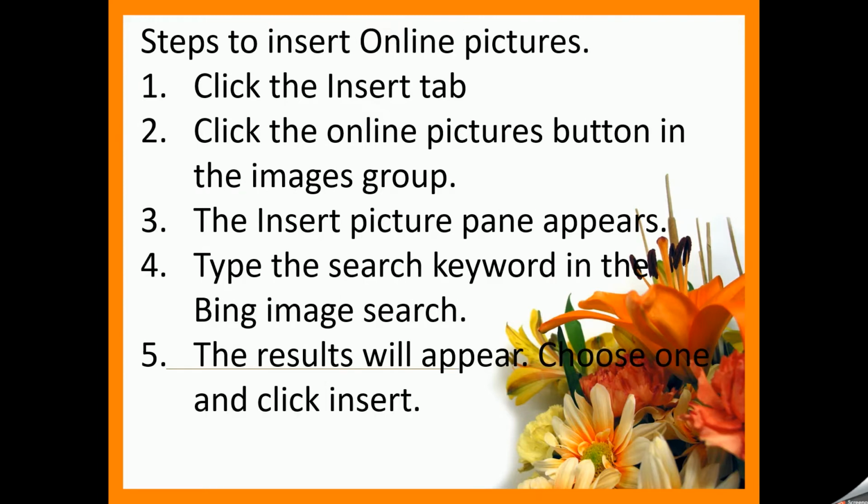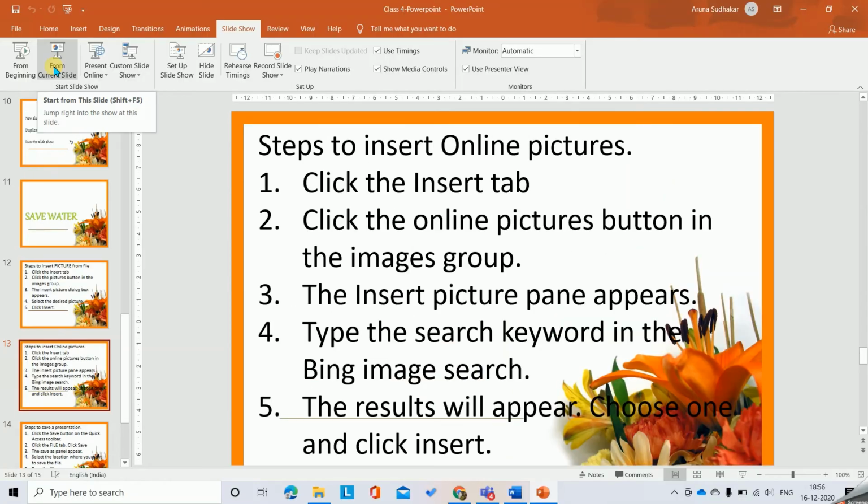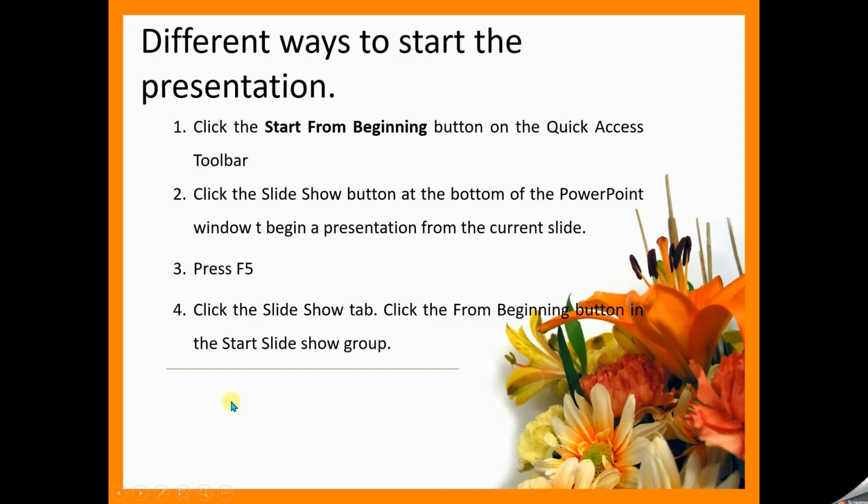So, these are all the 4 different ways I can start my presentation. Let's see the steps once again. 4 different ways to start the slideshow. Now, let's recall these different ways. The first method, click the from beginning button on the quick access toolbar.